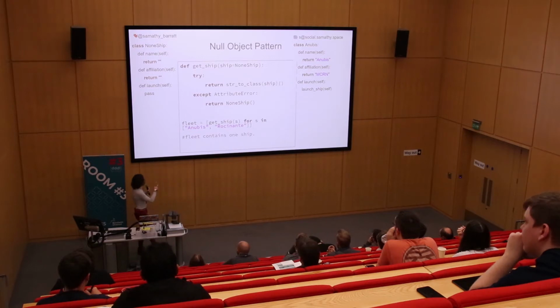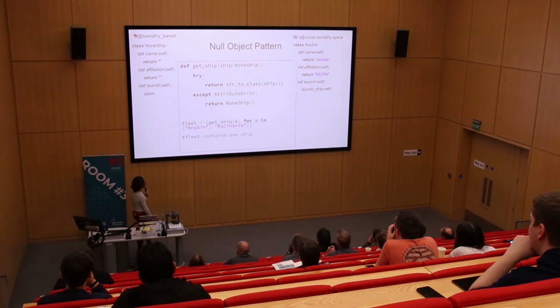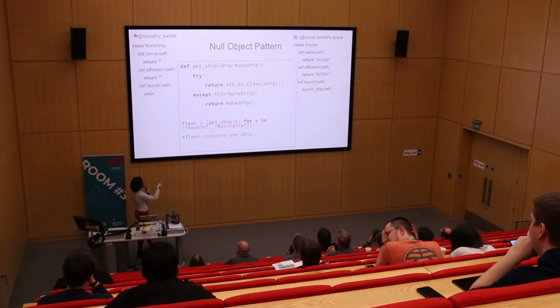So what we do at the bottom here with the fleet variable is we are creating a list of objects, and we want to get two ships, one of the type Anubis and one of the type Rocinante. However, we've only got a class Anubis. We don't have a Rocinante.